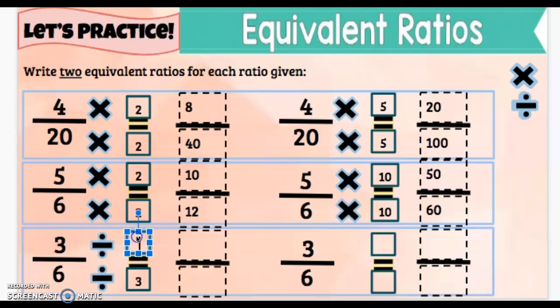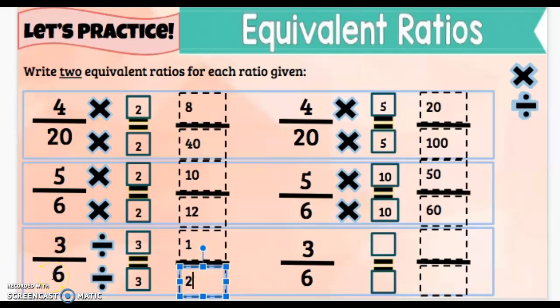So whatever I do to the top, I do to the bottom. 3 divided by 3, if you have 3 and you need to make 3 equal groups, you're going to have 1 in each group. If you have 6 and you need to make 3 equal groups, so 6 divided by 3, you're going to get 2. So 1 over 2 is equivalent to 3 over 6.